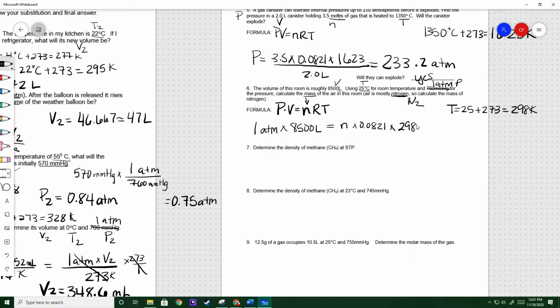So I would solve here for moles, n, by isolating it, dividing both sides by the other two variables.